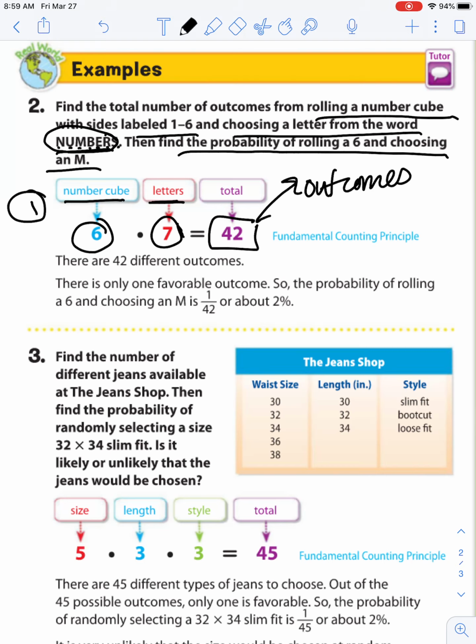The second part now is asking us to find the probability of rolling a 6 and choosing the letter M. In here, it doesn't really mathematically explain or show. It's only kind of saying that there's one favorable outcome.